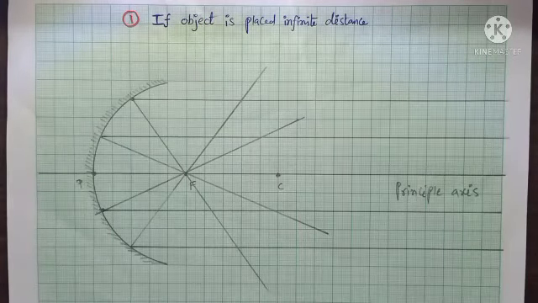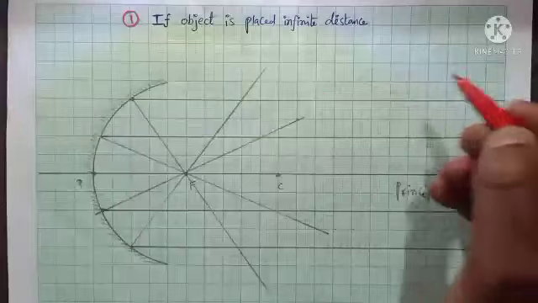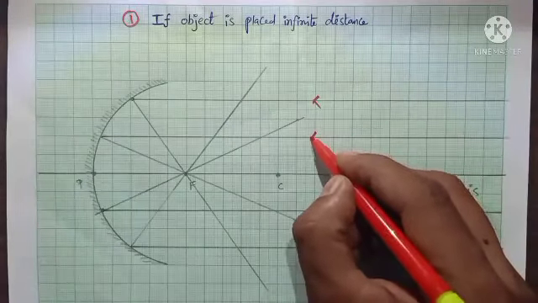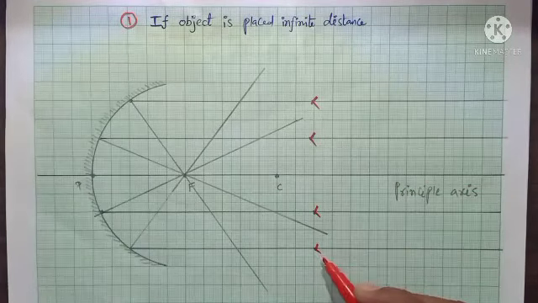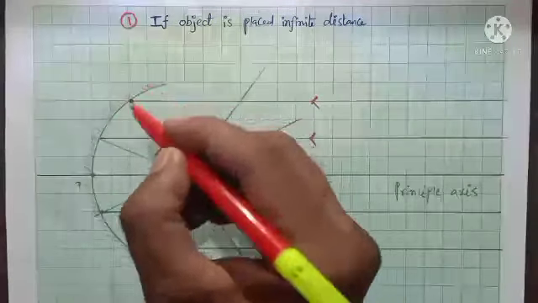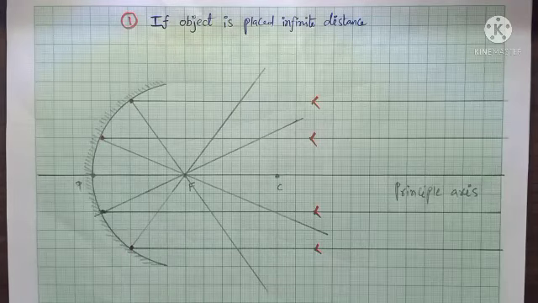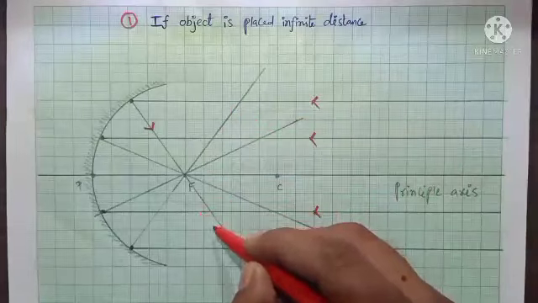The first situation is if the object is placed at infinity distance. If the light rays of the object pass parallel to the principal axis and strike the mirror, after reflecting, those rays will pass through a point.